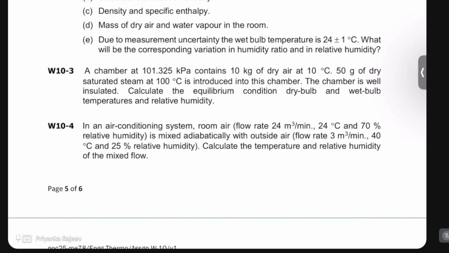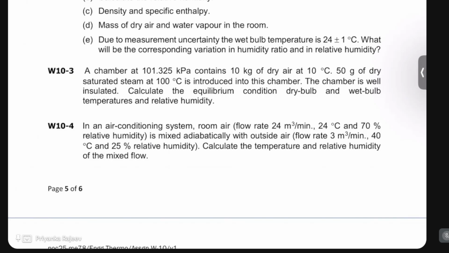Energy balance will only have enthalpy terms, and mass of the terms are given. Specific enthalpy you can find from the chart for the given temperatures. So total energy also can be calculated like that. Okay.